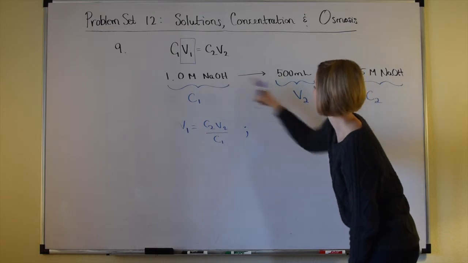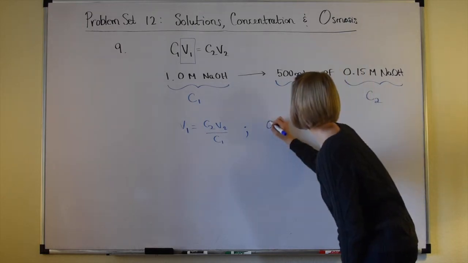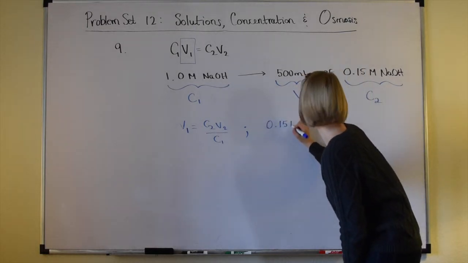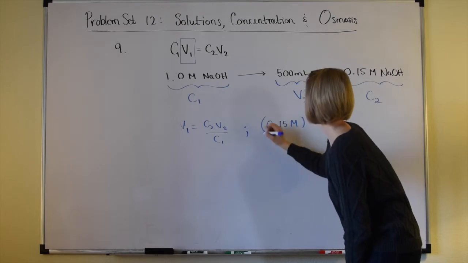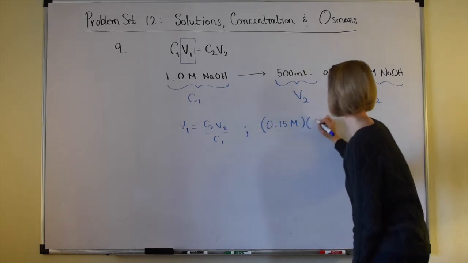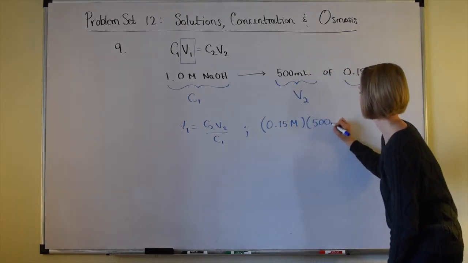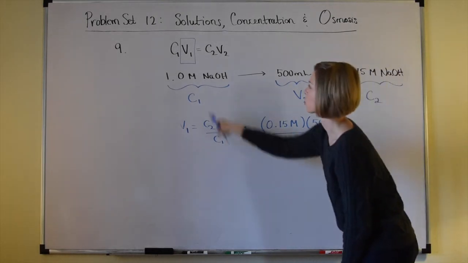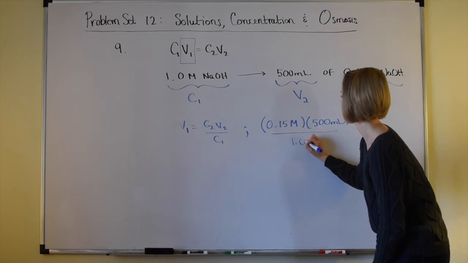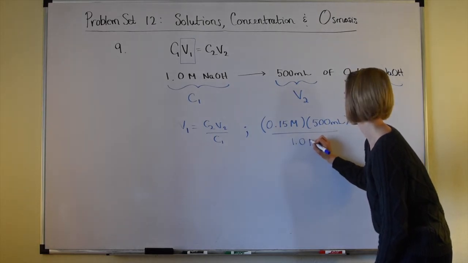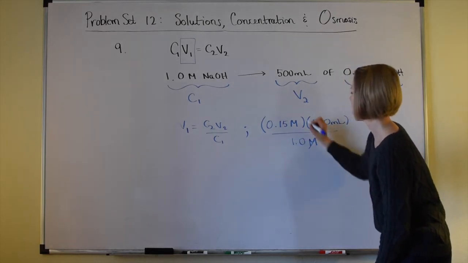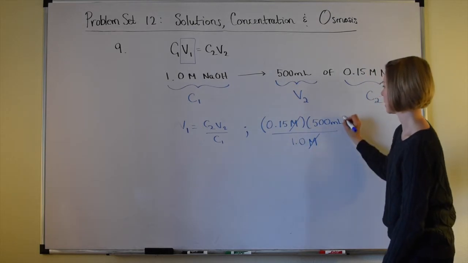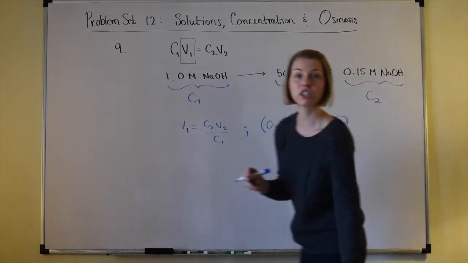So C2 over here, 0.15 molar. V2 is the 500 milliliters. And the concentration we're starting from is the 1.0 molar solution. Molarity is going to cancel out, leaving us in units of milliliters.